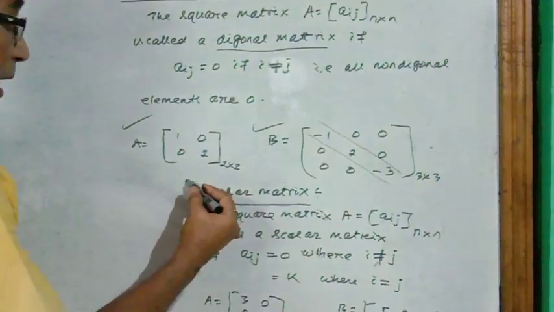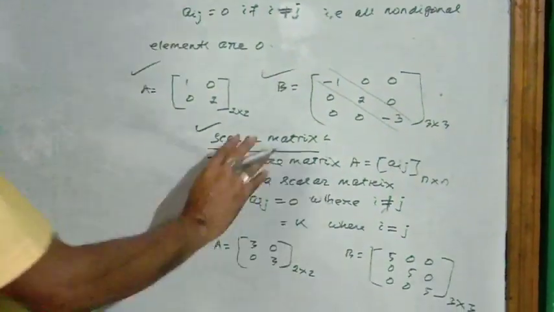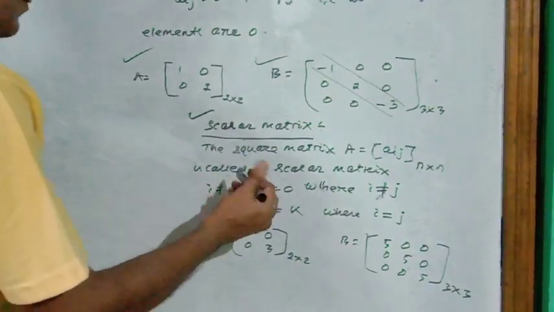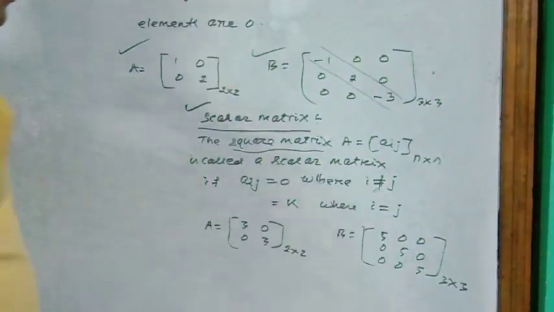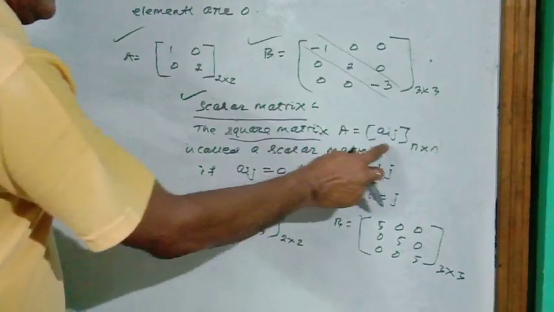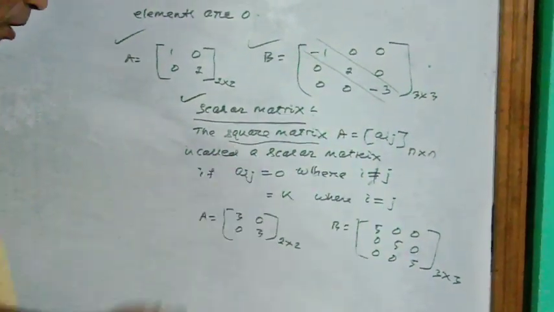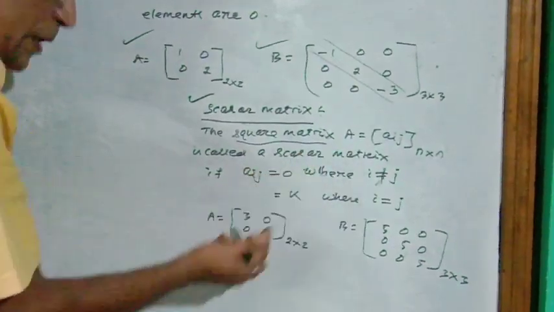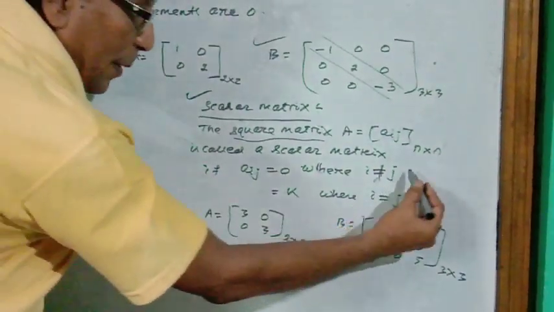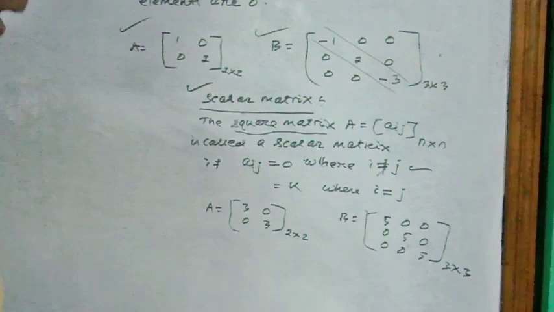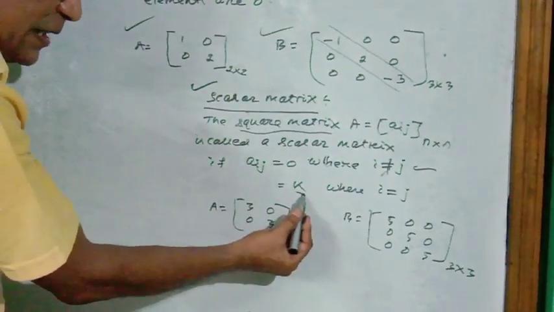Now what is a scalar matrix? A scalar matrix must be a square matrix. So the square matrix Aij of order n cross n is called a scalar matrix if the non-diagonal elements are 0 and the diagonal elements have the same value.